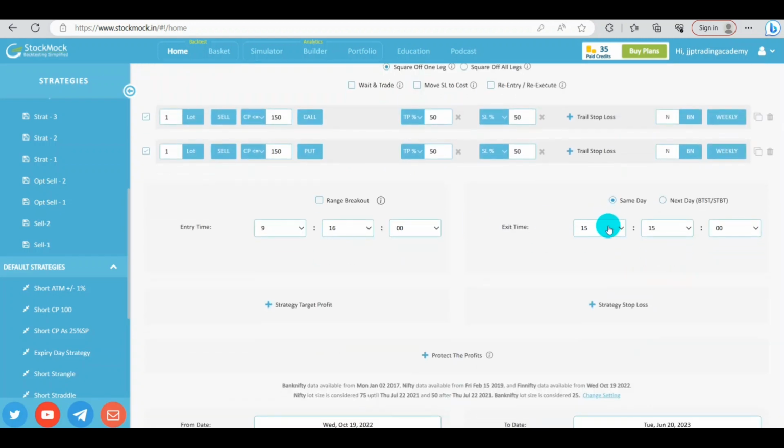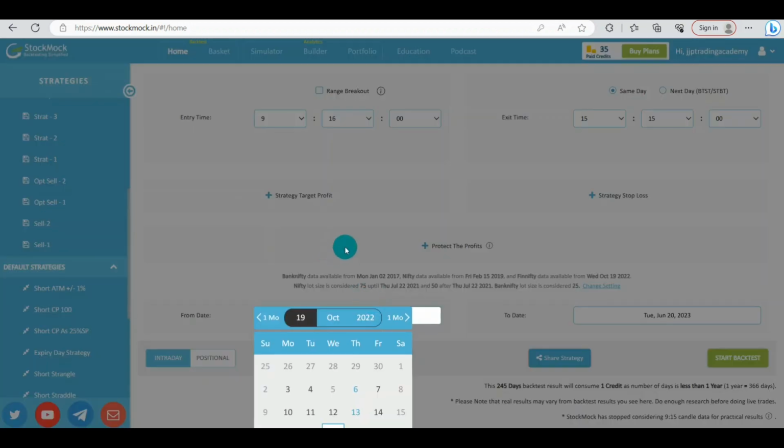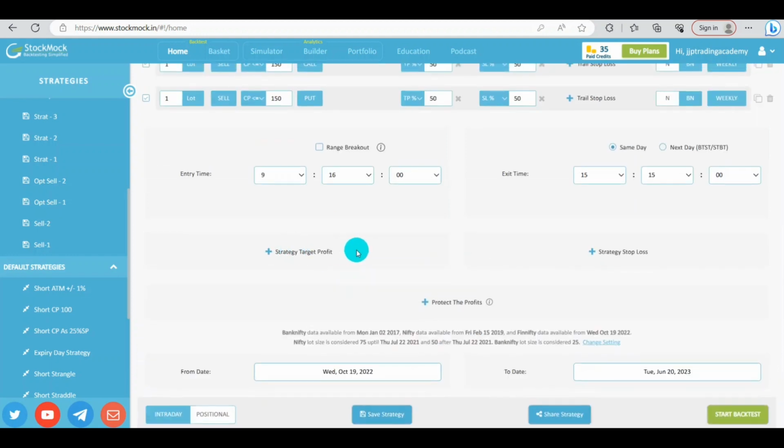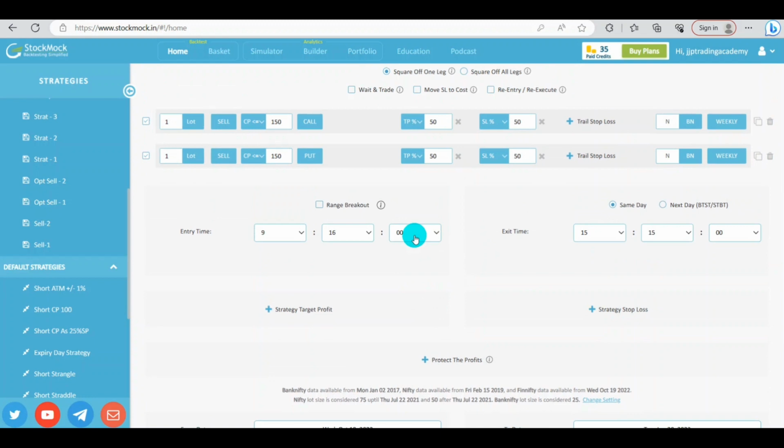You can give the exit of the strategy, same day intraday as well as next day. And you have these conditions below: strategy target profit as well as strategy stop loss. Both legs combined together, it will be checking for the stop loss as well as target. So once you include the stop loss, that it should not exceed more than 1500 rupees, this is for both combined.